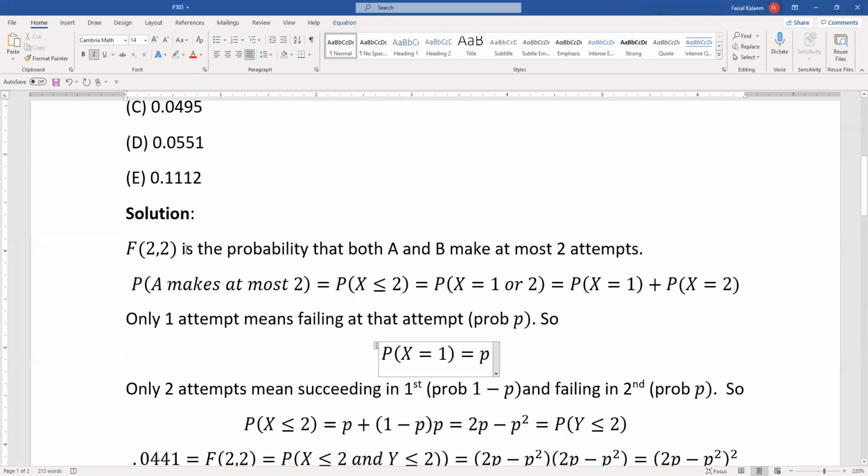Getting injured on the first attempt, probability is P, and only 2 attempts means succeeding in the first, probability 1 minus P, and failing in the second.